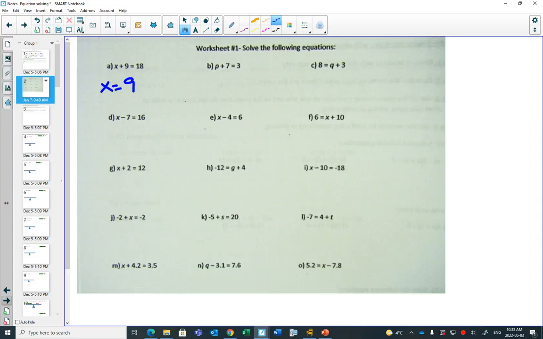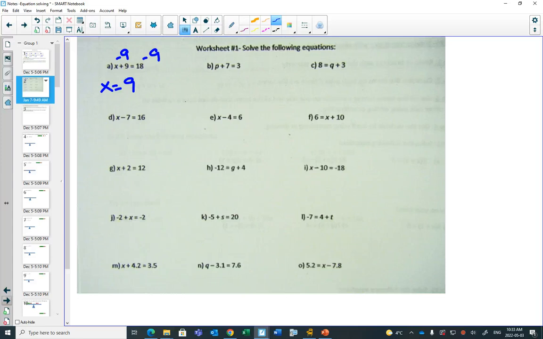For example, the 9 and the 18 are like terms, but they're on opposite sides of the equation. So what we're going to learn as a technique is what I do to one side, I do to the other side. So if I subtract 9 on this side, then I have to subtract 9 on this side. And 18 minus 9 is 9, and the 9 minus 9 is 0, so then I'm just left with x on that side.